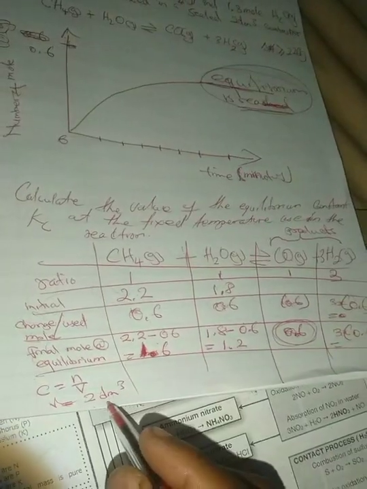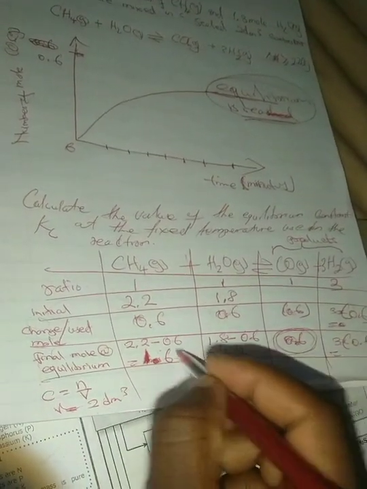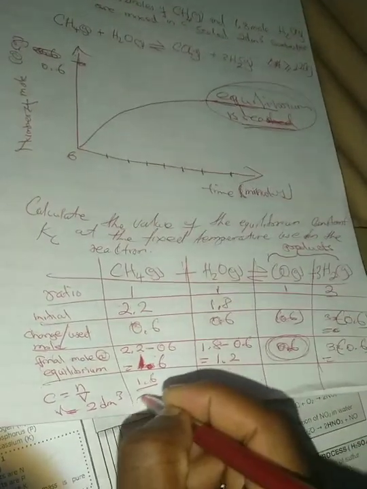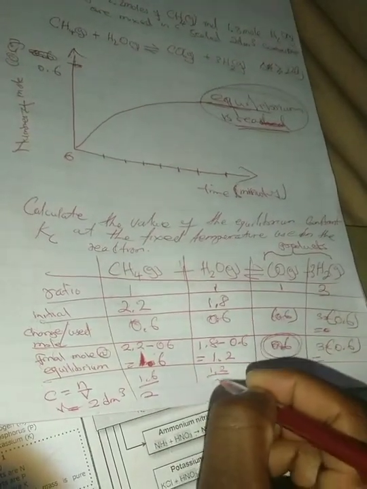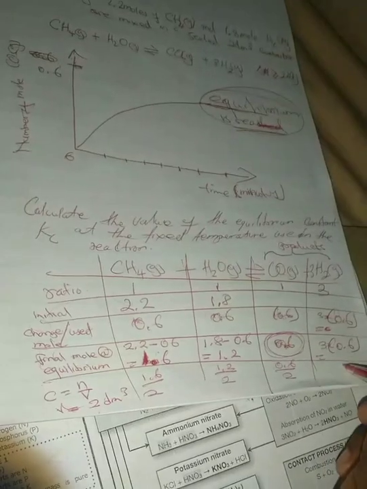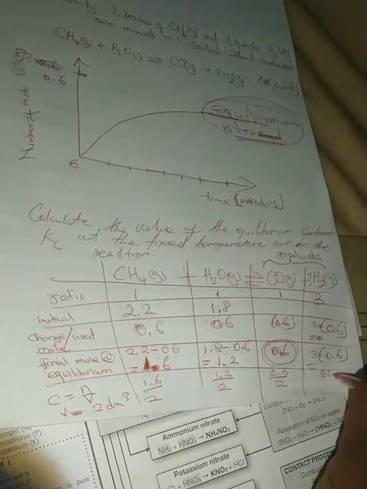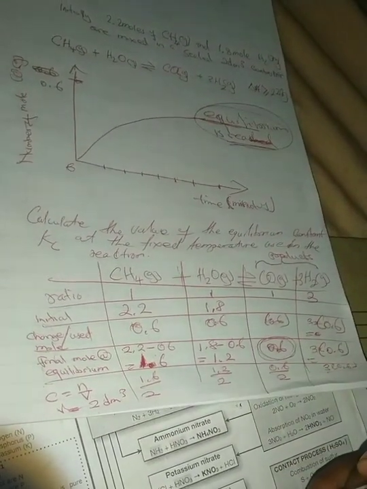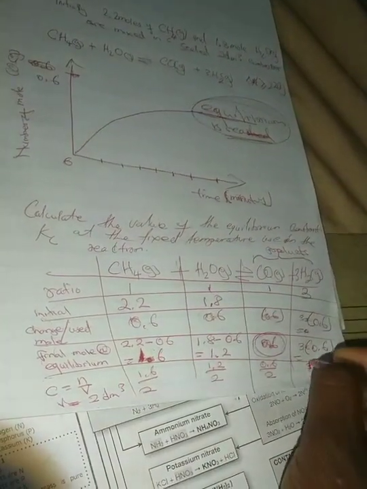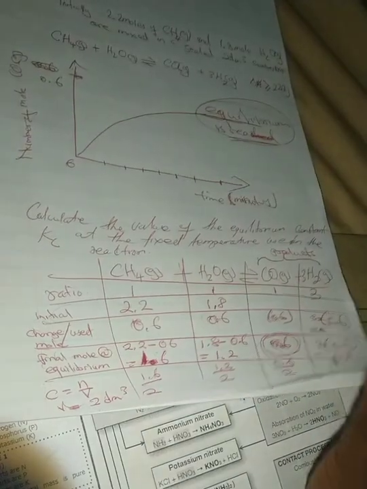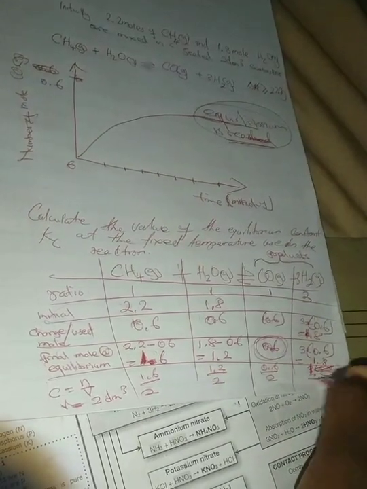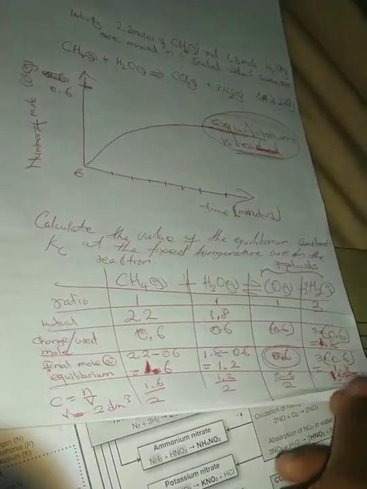So for the concentration, I use the final moles at equilibrium: 1.6 divided by 2, 1.2 divided by 2, 0.6 divided by 2, and this is the same as 3 times 0.6, which is 1.8, so 1.8 divided by 2.